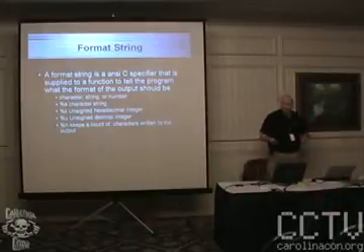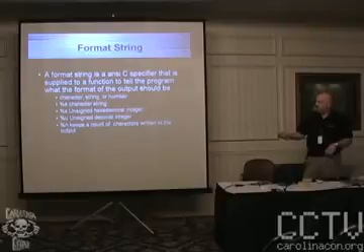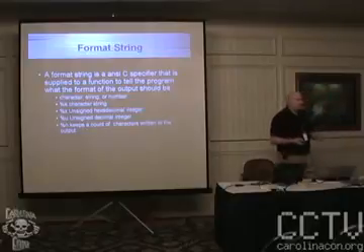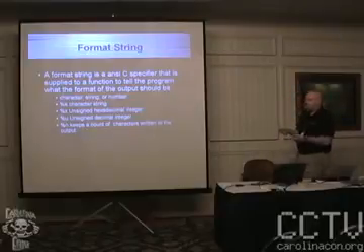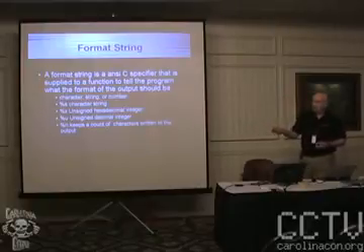A few of the format string specifiers we have listed up here: %s is for character string output, %x is for hexadecimal, %u is decimal, and %n is a special format string specifier. It actually keeps a running count of all the output from the function that uses the format string specifiers.